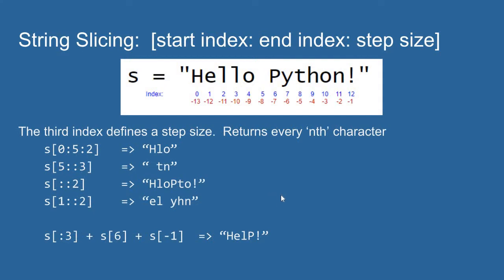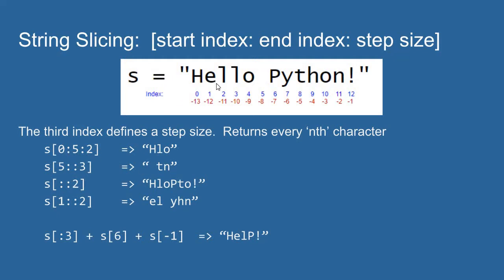Okay, third example here. If you include the third integer in this string slice, the third value gives you the step size. We're going to return every nth character, where n is the step size here. So let's look at an example.